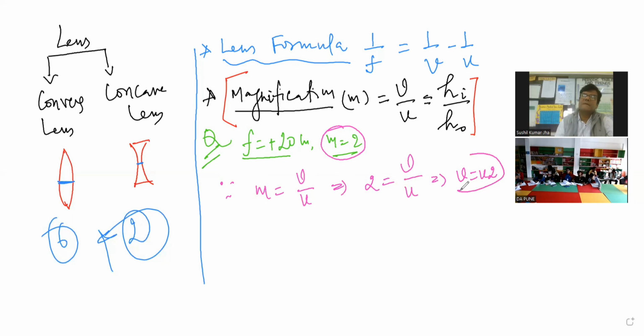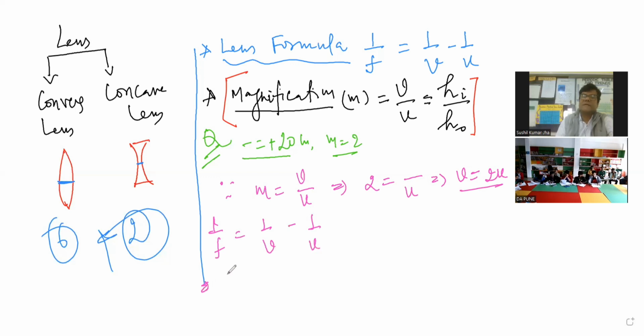So this is the relation we have, and we'll be using this relation. Then write the formula that 1 by f is 1 by v minus 1 by u.